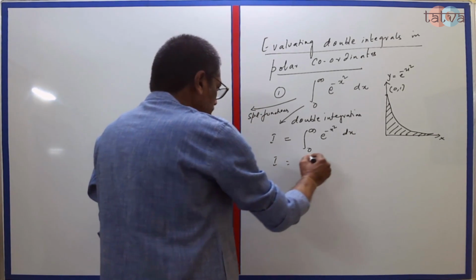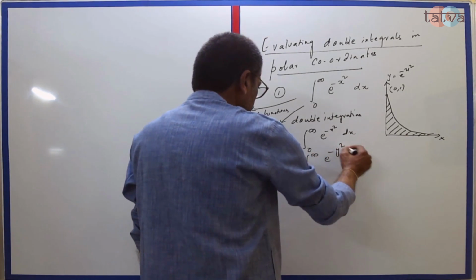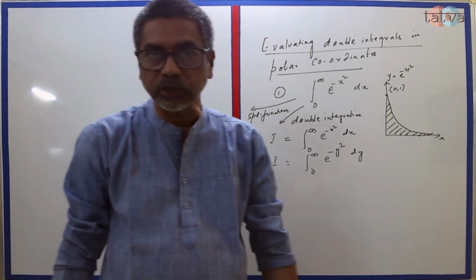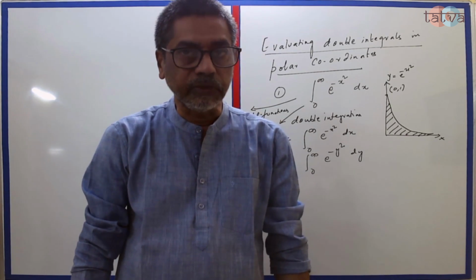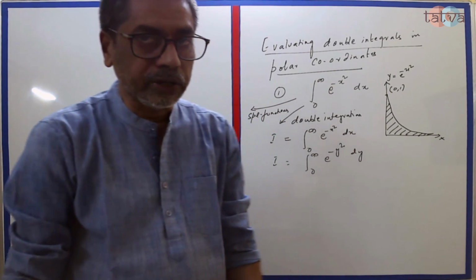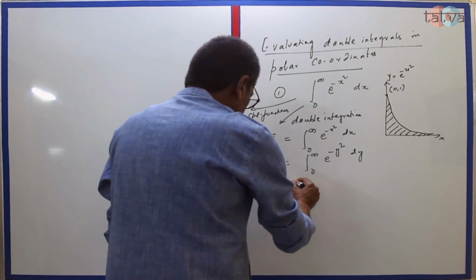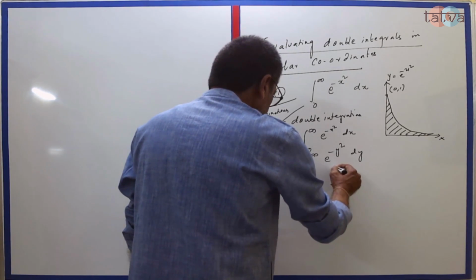I can as well make a similar integral using a different variable. It hardly matters whether you use x or y, as long as we are integrating within the same limits and the structure remains the same. Well, now what I do is, I multiply these two to obtain an I square double integral.